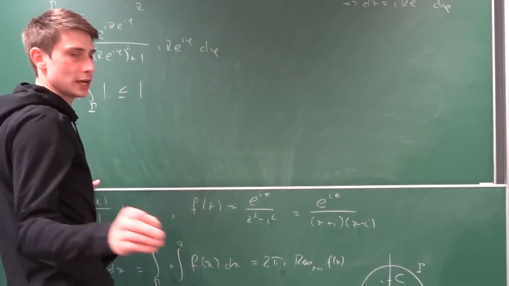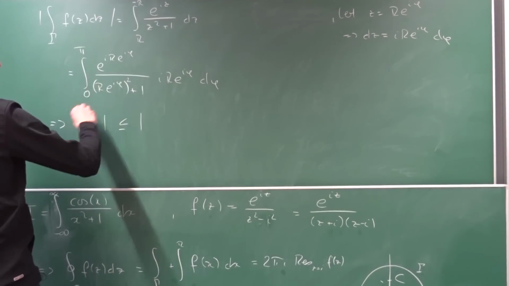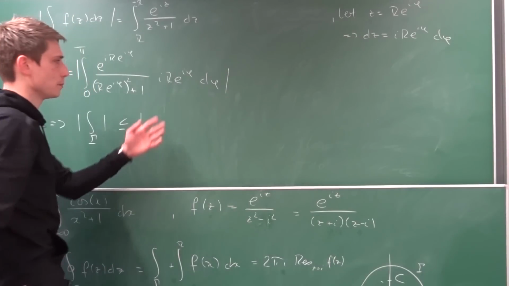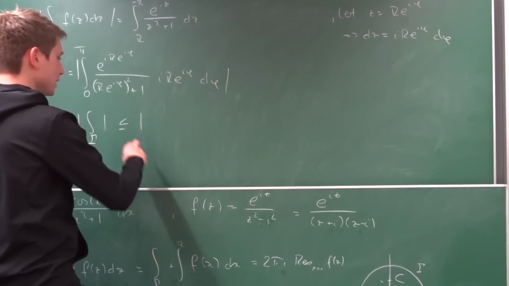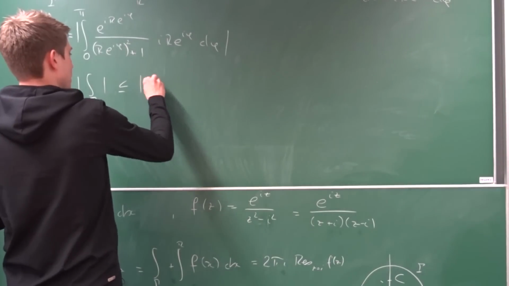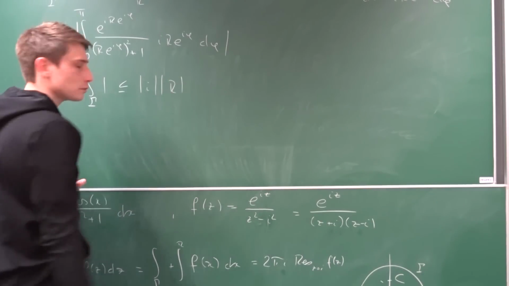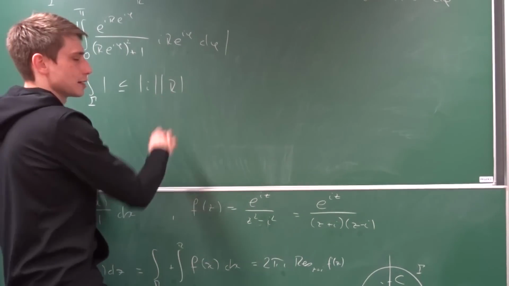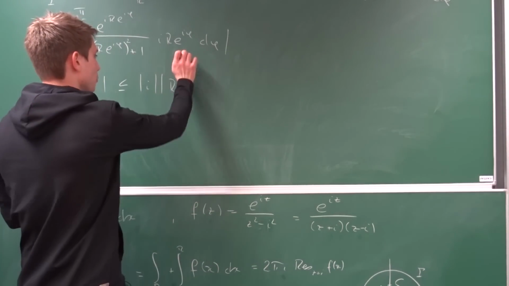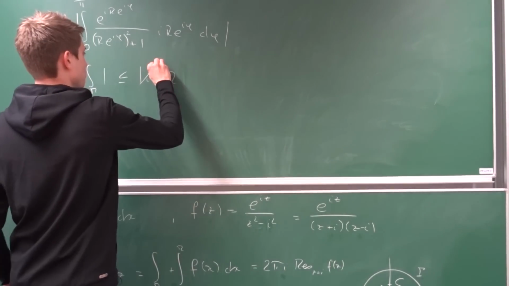And now we can distribute everything into everything. So if we just apply the absolute values here, it's still going to be equal, but if we apply it to every part of this function, it's going to be less or equal. So at first we can bring this to the outside, so we have the absolute value of i times the absolute value of r. Quick little spoiler, r is going to be strictly positive, so we are getting rid of this absolute value, and the absolute value of i is just going to be 1.